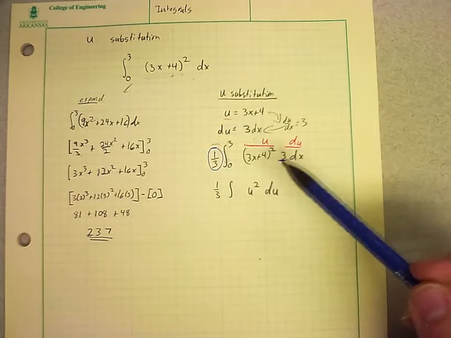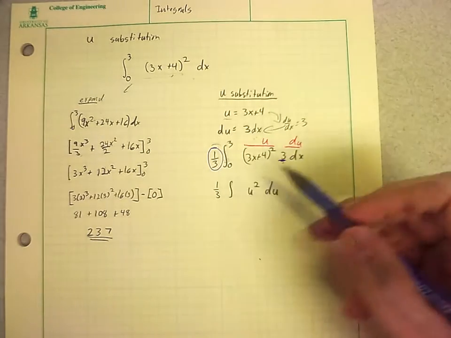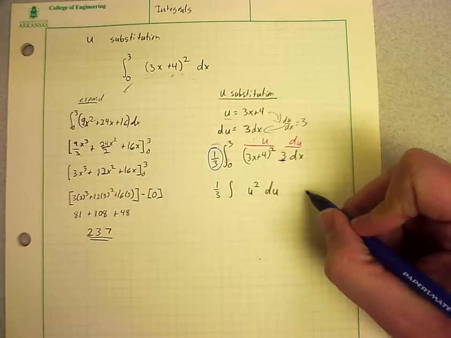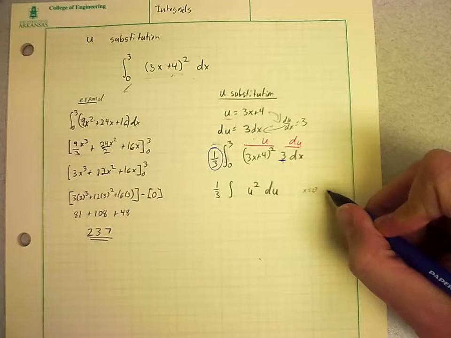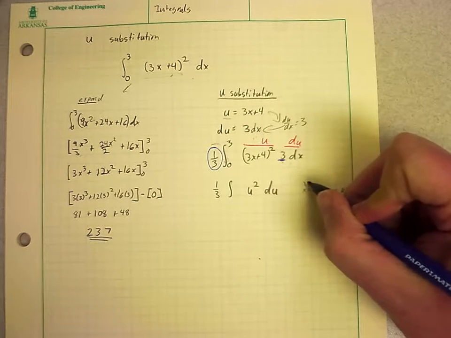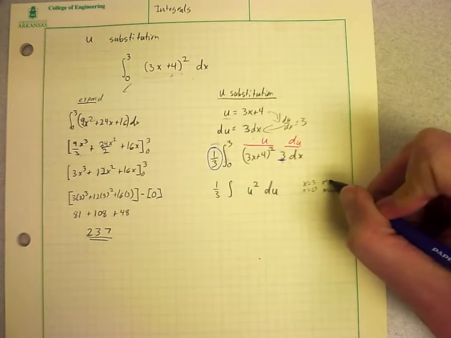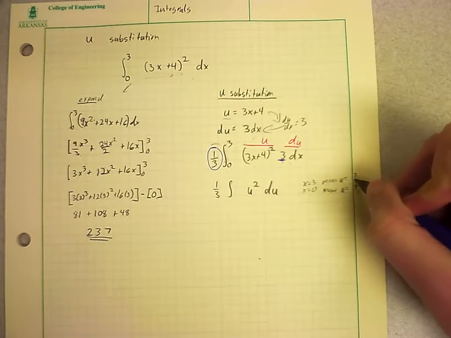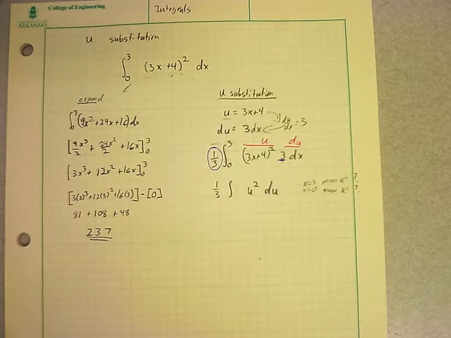I would technically have to go from whatever x equals 0 means u equals something, and x equals 3 means u equals whatever those limits are. I could figure those out, but generally what I'll do is just do the integration and then put it back in terms of the x terms after I'm done.